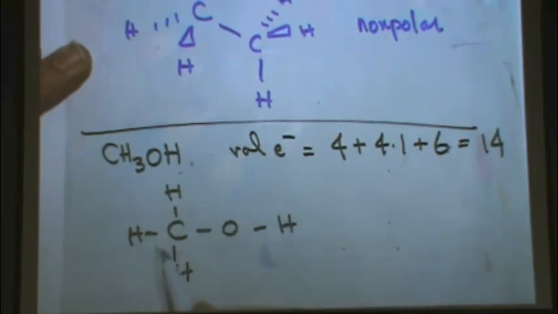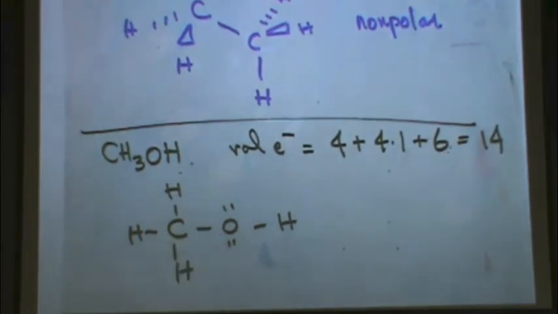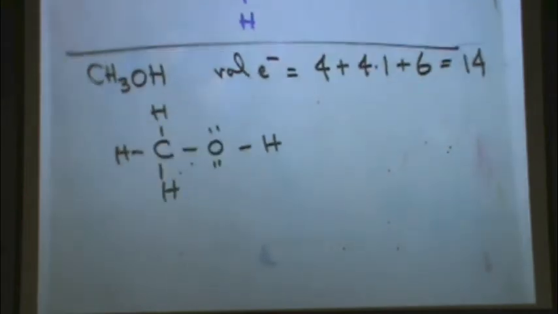With the skeleton, I've got 2, 4, 6, 8, 10, 12 already. The only one that needs to fix the octet is oxygen. And it could take the final 4 electrons to make 14 valence electrons total. Now I have 2 center atoms this time, the carbon and the oxygen. So I have 2 separate answers.